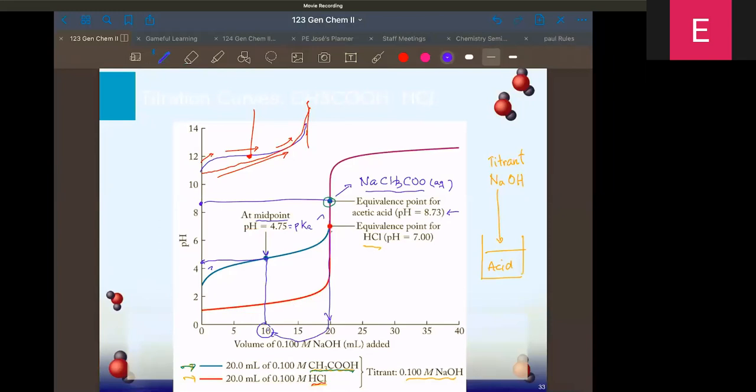So this value here is going to be the pKa that you can read, and therefore find out what the pKa, or the dissociation constant, is for any weak acid if you have a pH meter and do what is called a potentiometric titration.